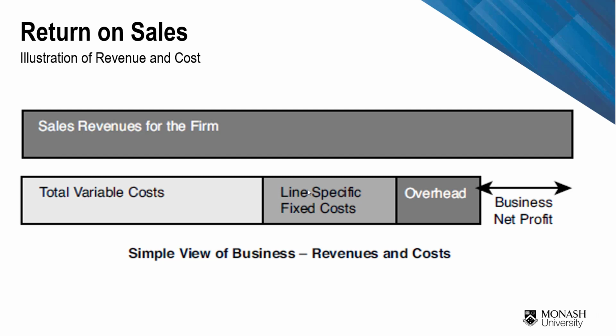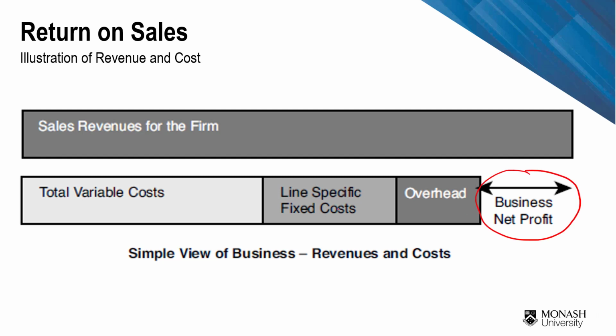Overhead is more complicated. Overhead is like the non-labor costs that are normally spread between departments. For example, there will be the cost of the headquarters, or the cost of advertising and so on. So in calculating net profit, we have to take into account all the costs associated with the company, and at the end, you will get your business net profit.